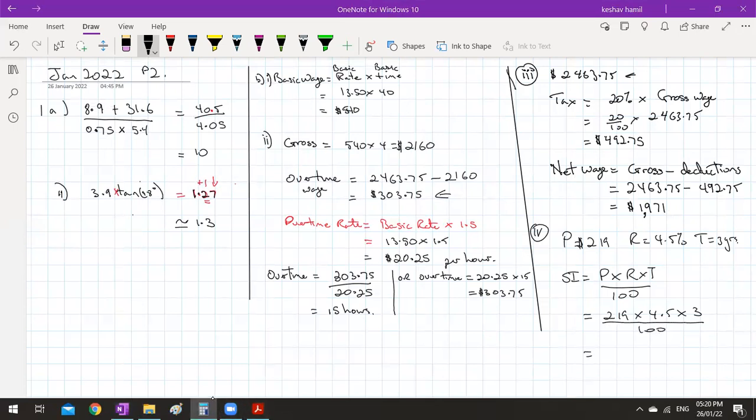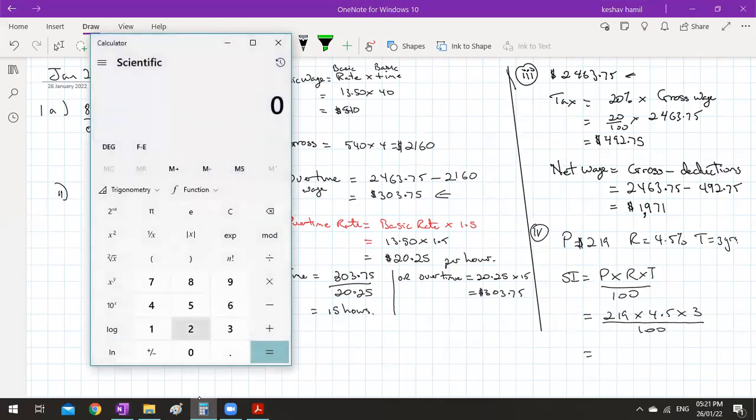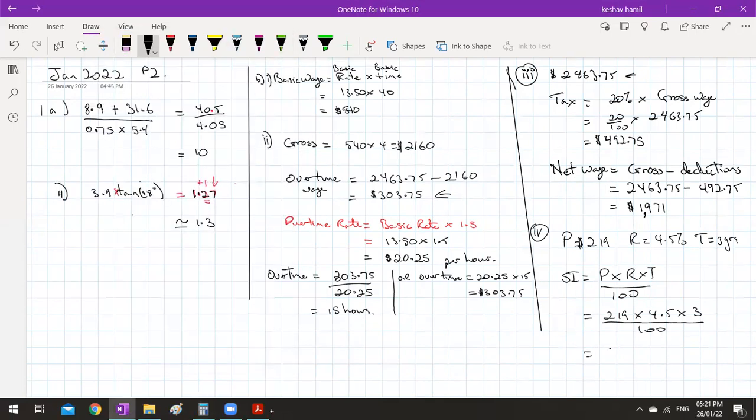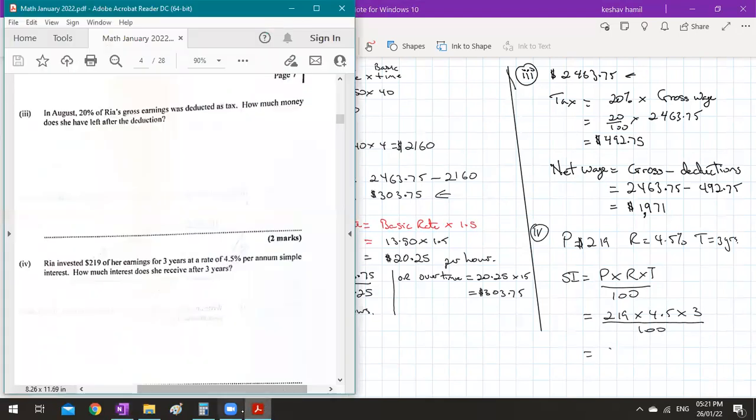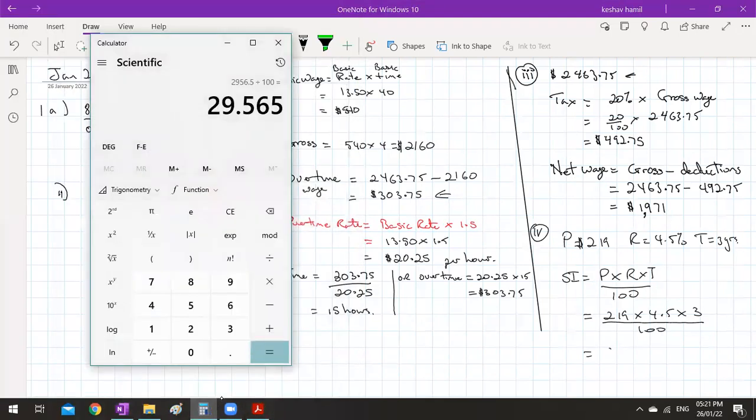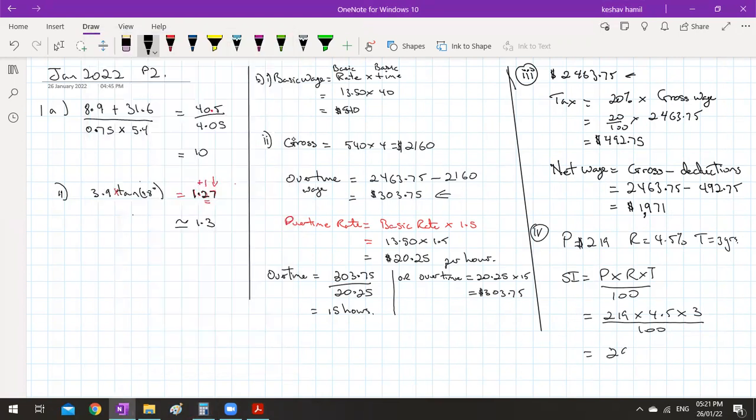I can do it in one step on the calculator. 219 times 4.5 times 3, equals, divided by 100. So the interest she would have earned is $29.57. Remember, money is to 2 decimal places, so round to 2 decimal places. So $29.57.